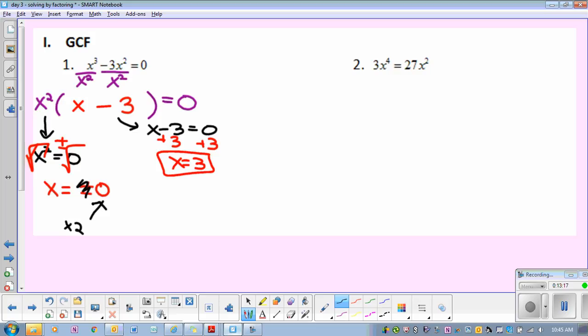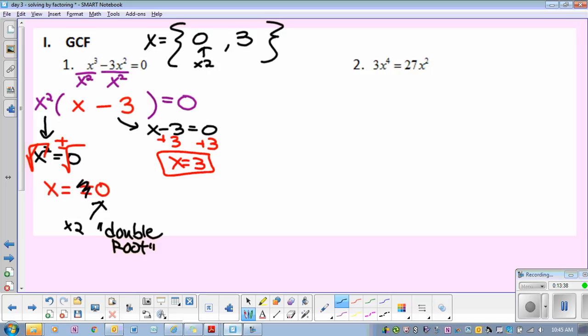Okay? And we call this a double root. All right? So if I were to clean up all of my solutions here, I have 0, but 0 times 2, and then I have 3.